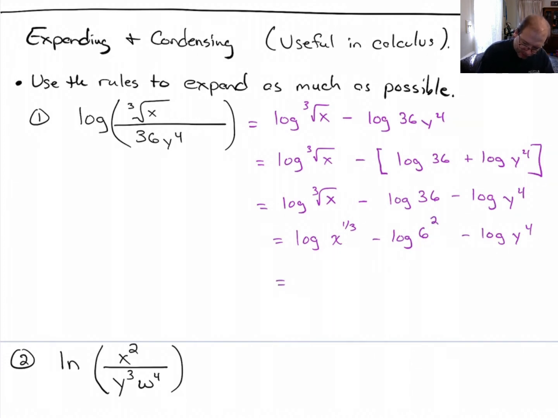And so now I can use the power rule to bring all these things down front. 1/3 log x minus 2 log 6 minus 4 log y. And that is expanded as much as possible.